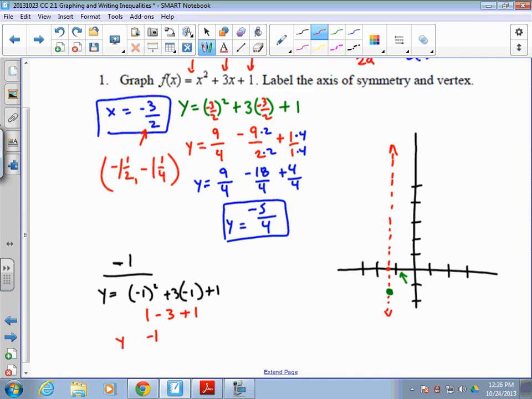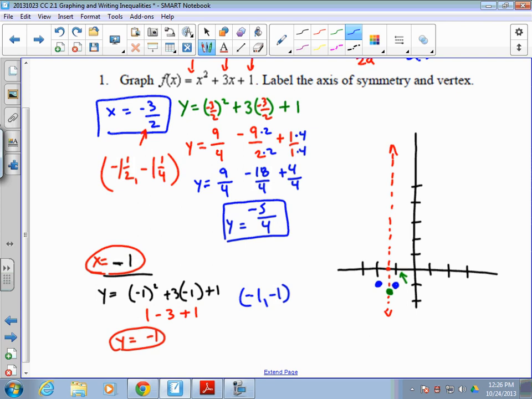So when your x is negative 1, your y value is negative 1. That is your second point, negative 1, negative 1. From your vertex, your point will be about right there. And remember, you can mirror that on the other side of the line of symmetry for your other point.